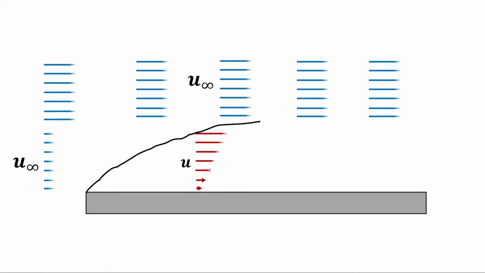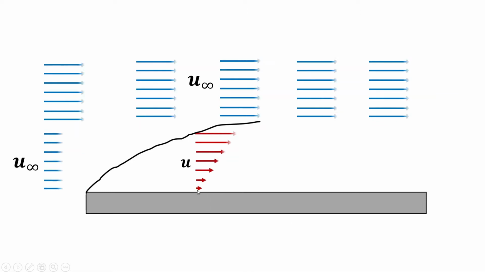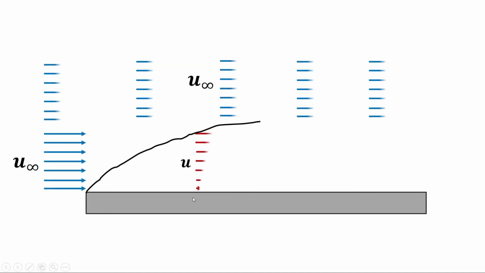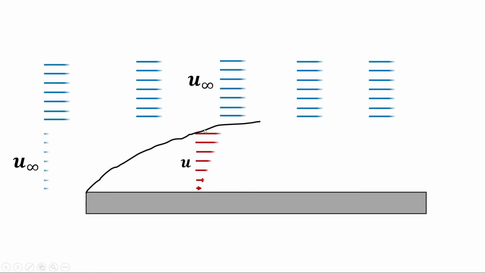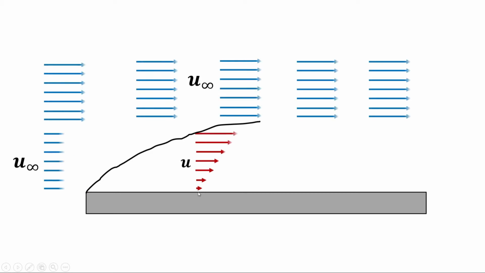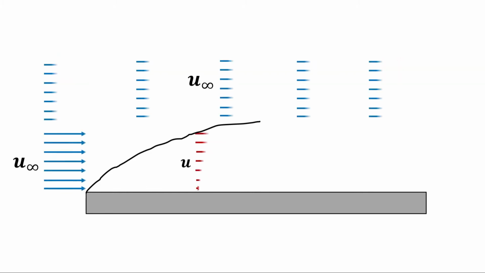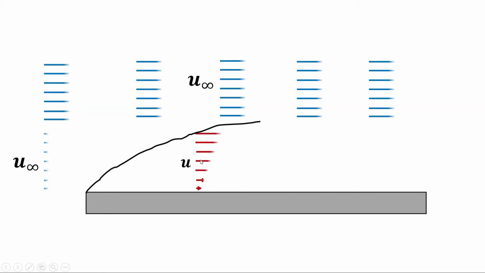It is evident from this picture that the fluid layer near the plate will have a low velocity than the layer of fluid at a distance from it, and the fluid layer in contact with the plate will have zero velocity, no slip motion, and the velocity will gradually increase as you move towards the boundary layer thickness.